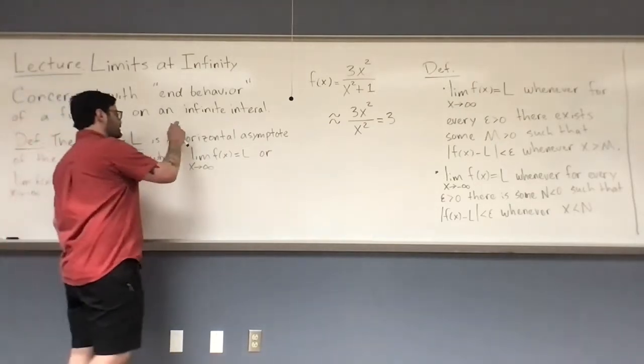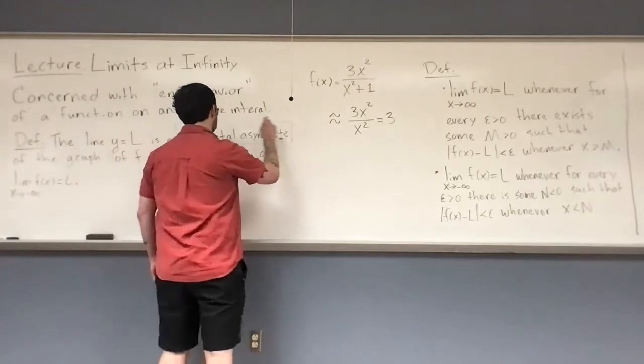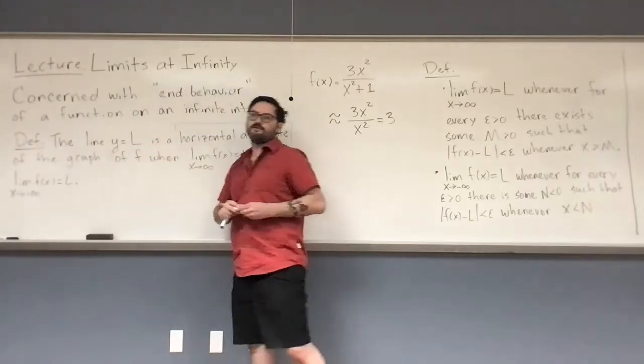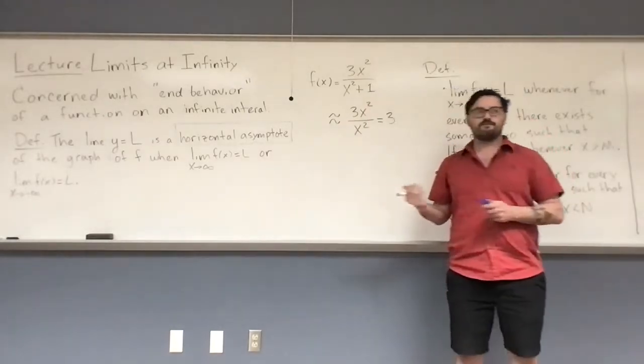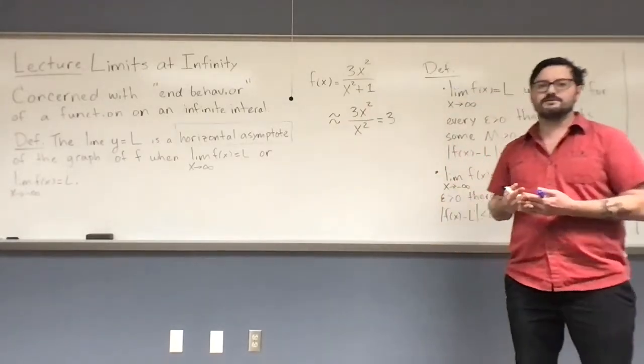That's how we define these things. That cutoff line, basically, that the graph of the output of the function gets arbitrarily close to. That's important.